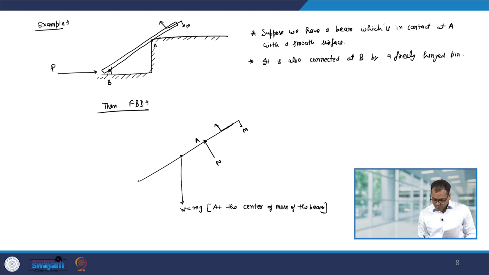At point B we have a freely hinged pin. So, therefore, as I said, it will not support the moment, but then we have the By and Bx forces that will act at B, and then we have this external force P. This is the free body diagram of the given system.